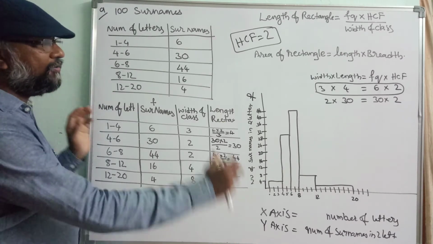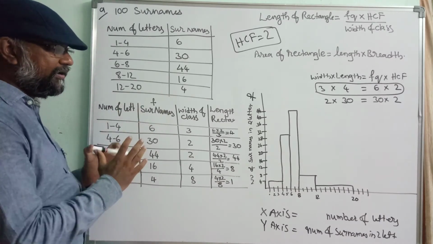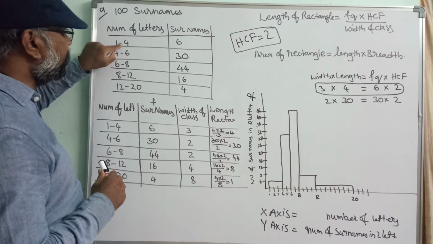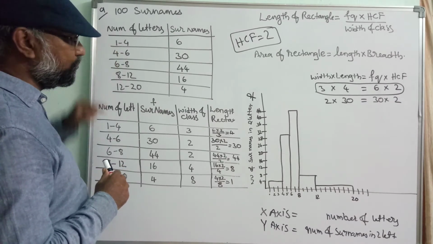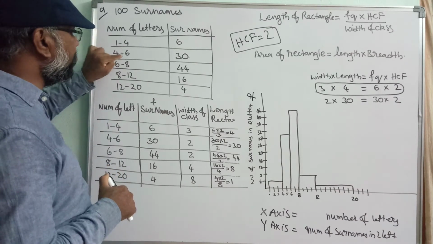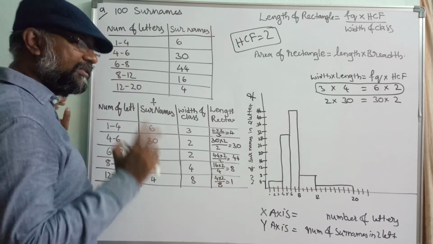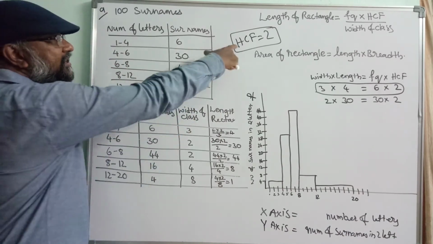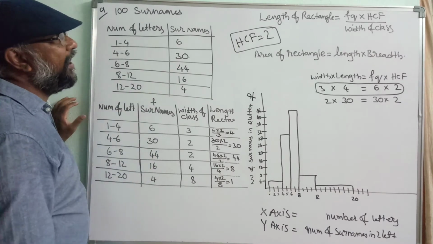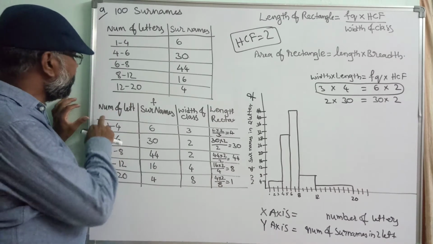Now we have to change the whole pattern into a proper way. So I have taken the minimum, that is 2, the highest common factor, HCF, of all these widths, which is 2. Now let us come to this table.